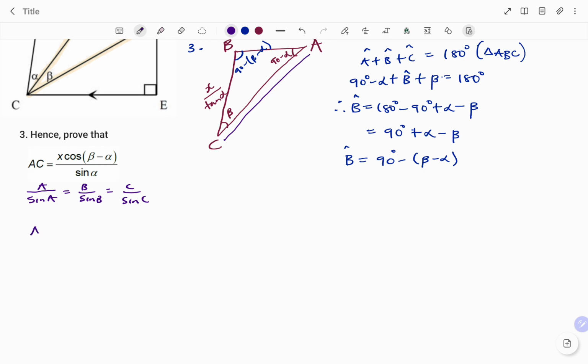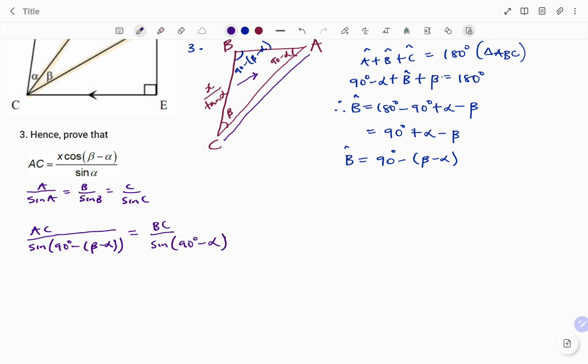So I have line AC over sine of the angle facing AC, in this case sine of (90 degrees minus beta minus alpha). I'm going to extend my fraction bar, equals, the other side I know is the line BC, so BC over sine of the angle facing BC. If you look at BC, the angle facing BC will be 90 minus alpha.